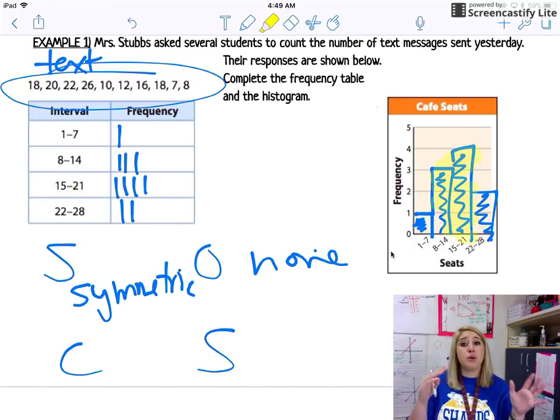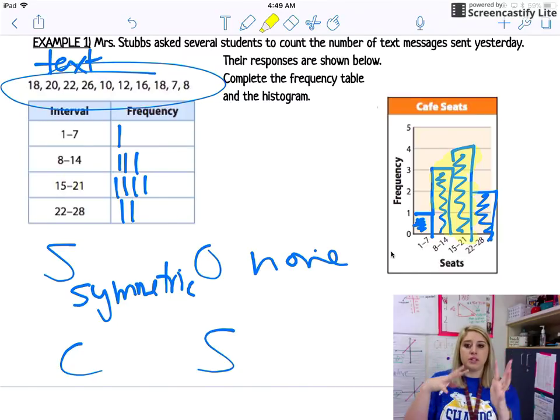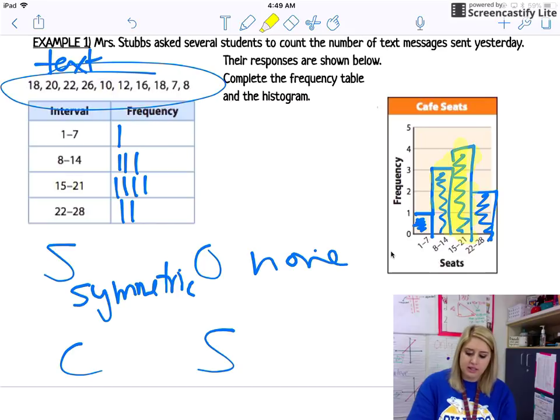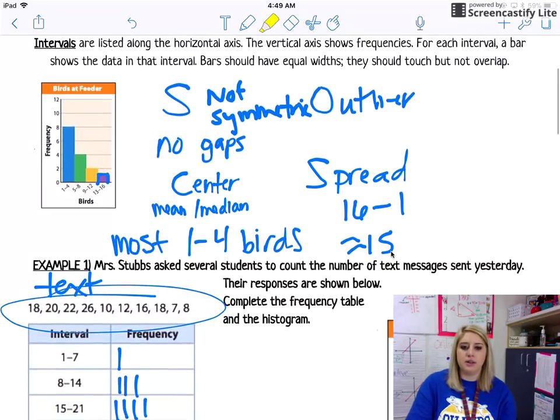So I know that my mean and my median are going to be somewhere around there, because that's where most of my data is. Mean, median, mode, remember, all are going to be around the same thing, right in this center part of the data.